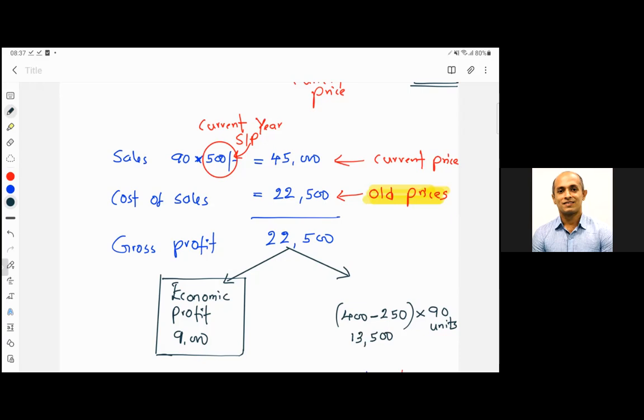Profit increases by 13,500 because of the increase in the price level. With this change in price level, profit increases by 13,500. So this effect we call inventory holding gain.